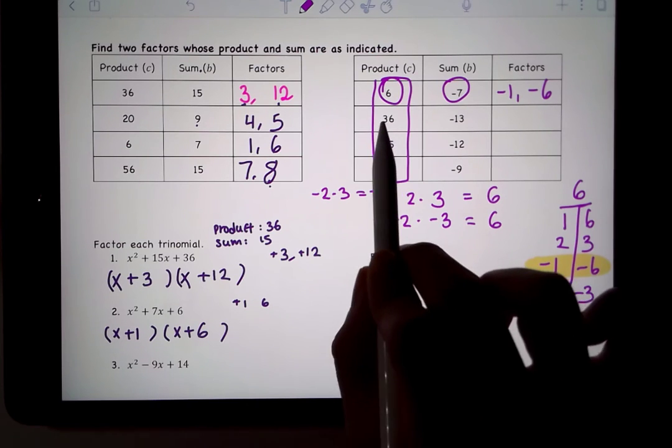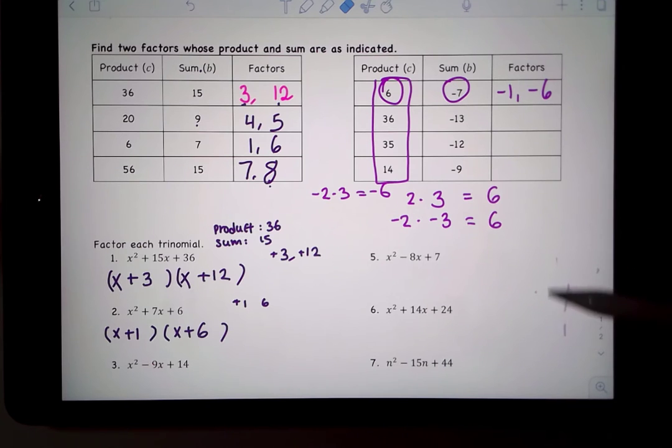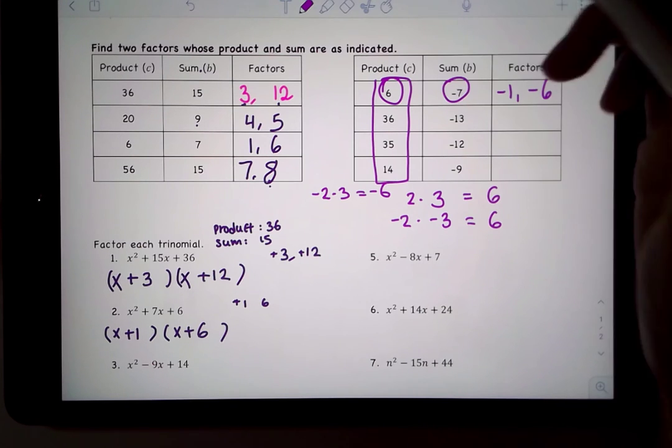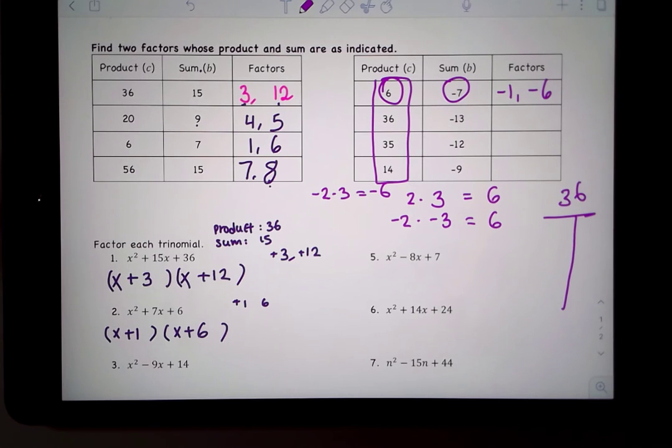All right, so let's think about this. 36. For 36, we can make the factor table, right? 1 and 36, 2 and 18, 3 and 12, 4 and 9, 6 and 6.